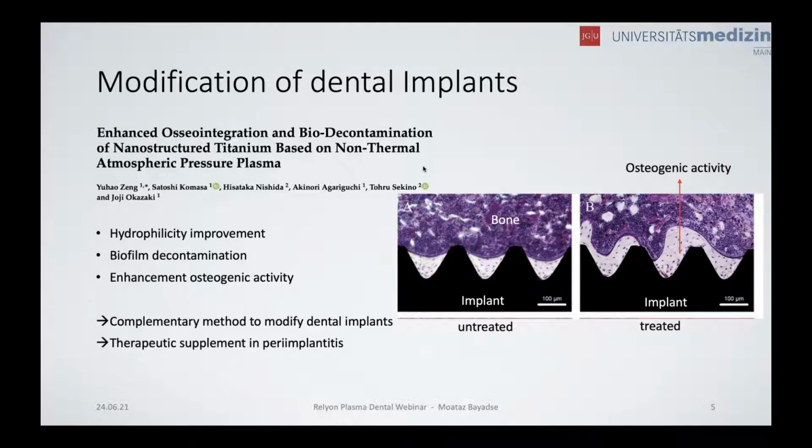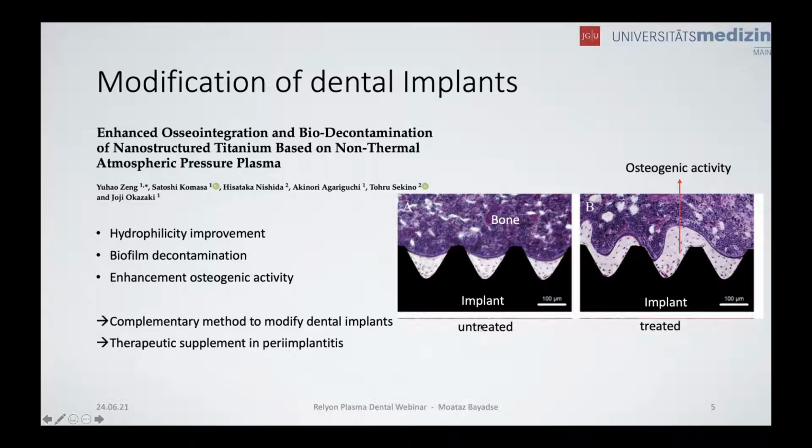Due to the plasma treatment, the hydrophilicity has been increased, and as a result, the cell adhesion of cells like osteoblasts, or bone cells, is also increased, which leads to an improvement in the osteogenic activity. You can see this effect histologically here.